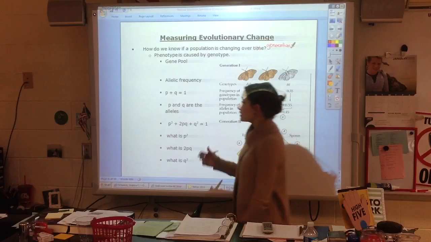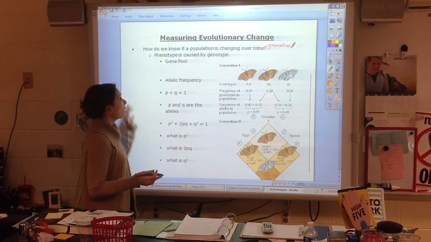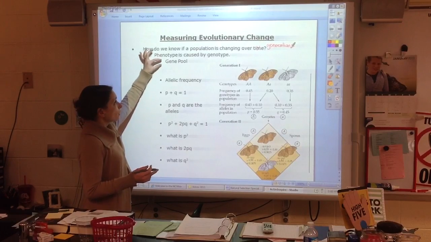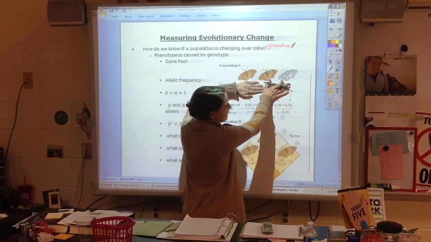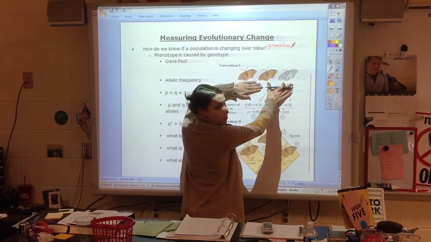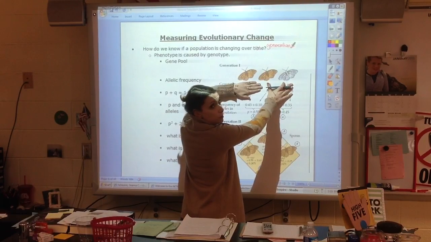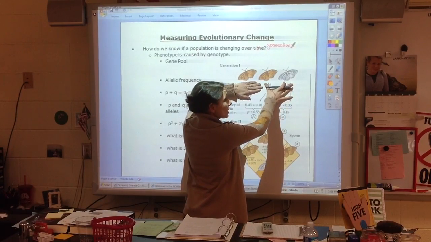Well, one of the ways that we're going to know is we're going to look at the gene pool. And so when we talk about genes, we have to remember that evolution is not acting on the genes. If we're looking at a bird being a selection force, the bird is probably acting on phenotypes, whether it's a behavior or a physical trait.